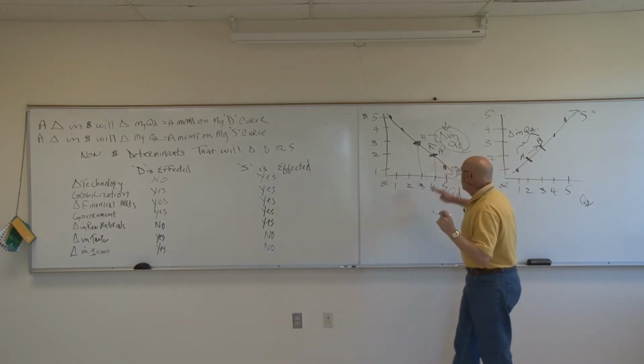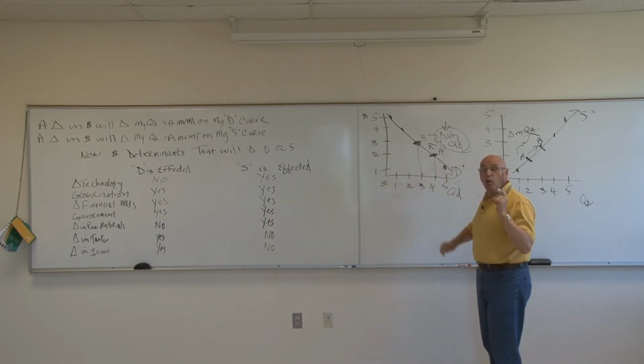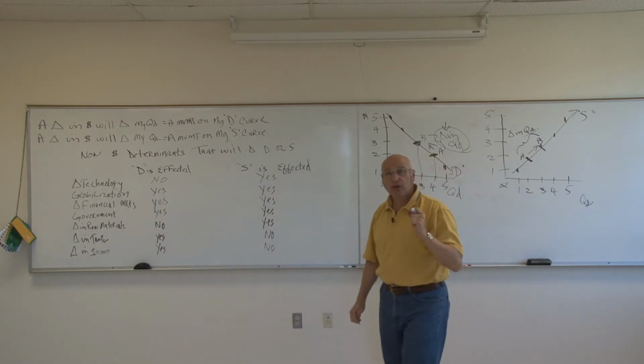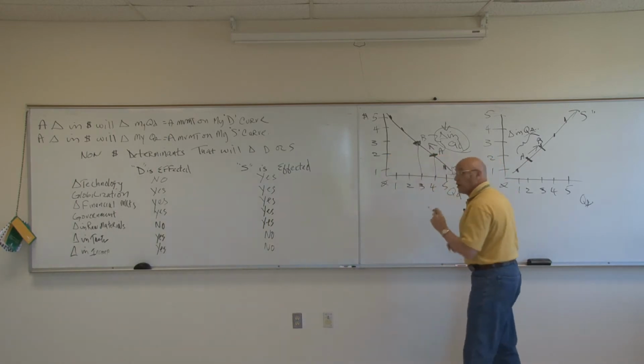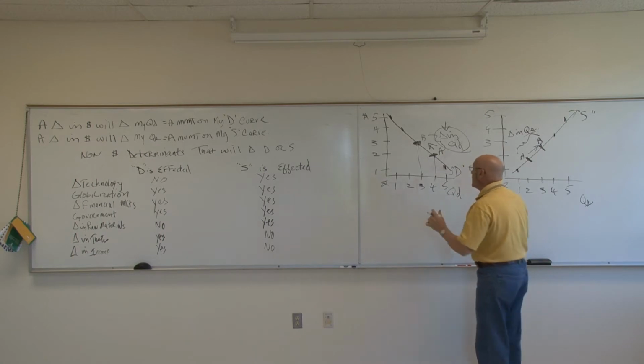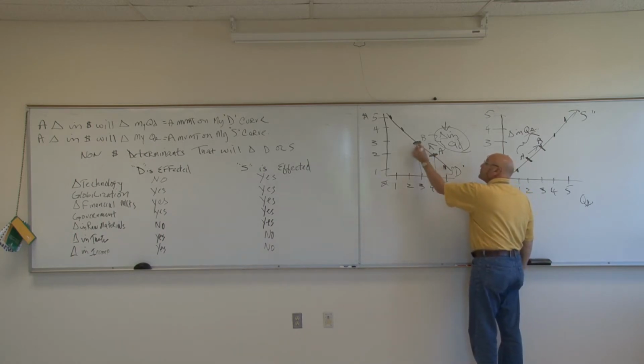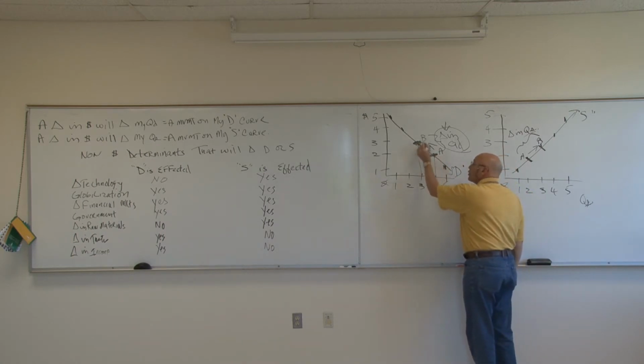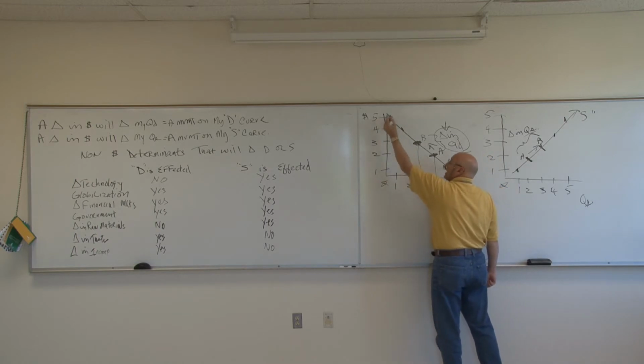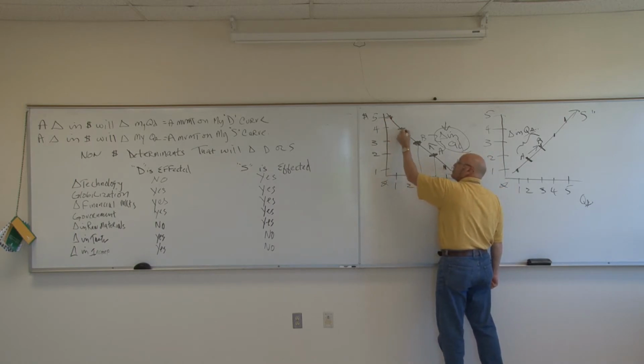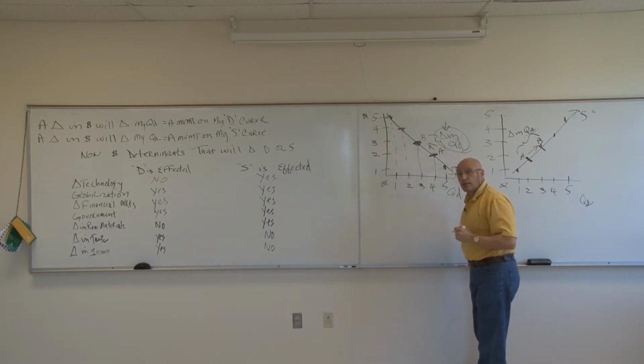But my demand curve does not change when there's a change in price. The only thing that changes, or moves, if you want to think of it that way, is the points on the curve. If the price is $5 and all of a sudden it drops to $4, my quantity demanded will increase from 1 unit up to 2 units.